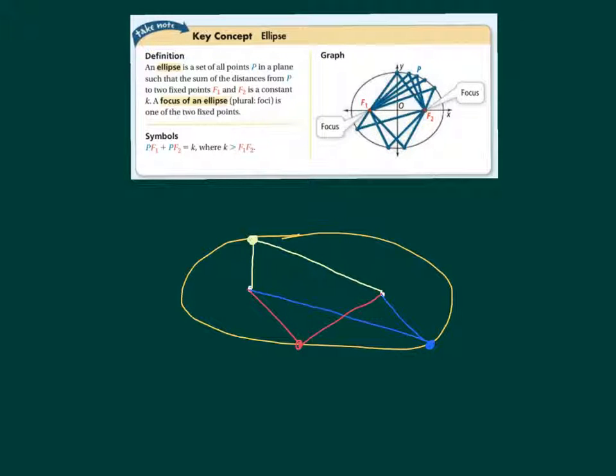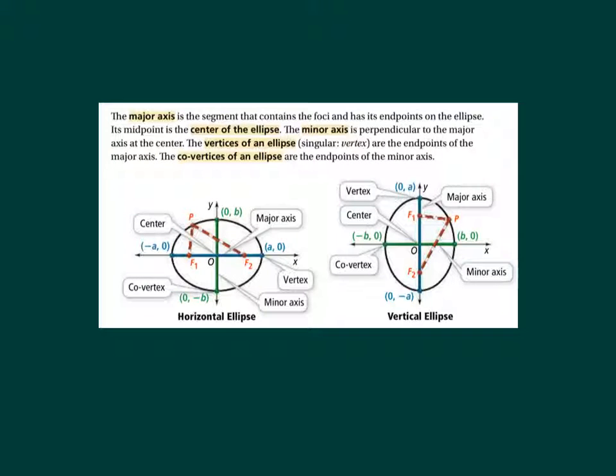So the sum of those two distances is going to be exactly the same no matter where you are on the ellipse, which is the idea they're trying to get across in this picture, but I understand that picture is kind of convoluted if you're just looking at it by itself.